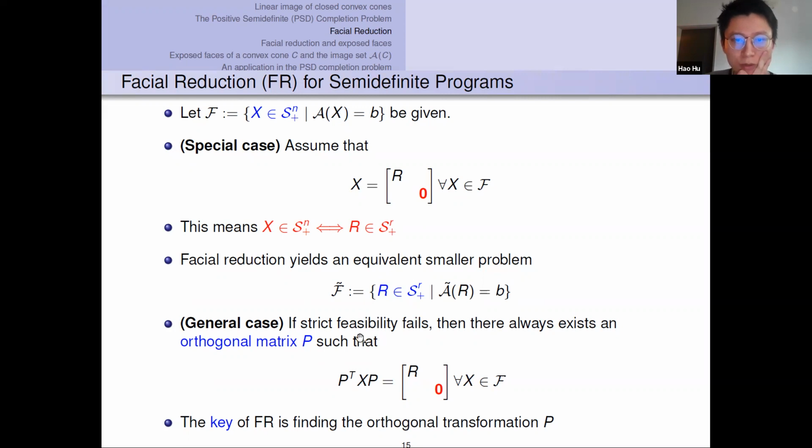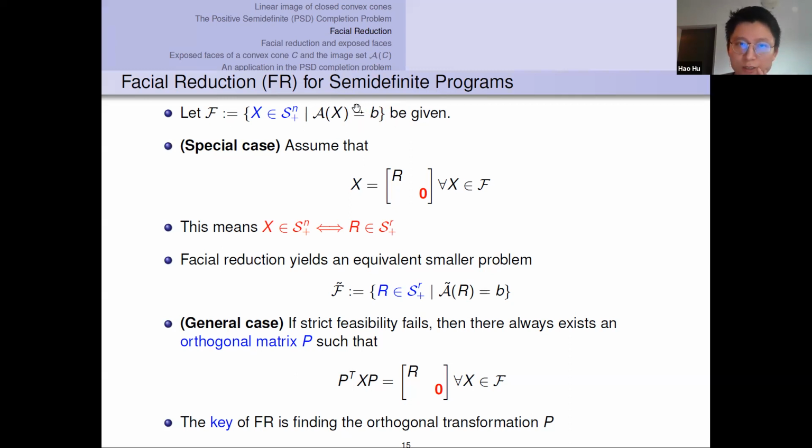If strict feasibility fails, then there always exists an orthogonal matrix P, so that if you pick any feasible matrix X and you compute this orthogonal transformation, then you will end up with the same block diagonal structure with a 0 diagonal block. So essentially, this means that if strict feasibility fails, the orthogonal transformation is essentially a rotation of the feasible set F here.